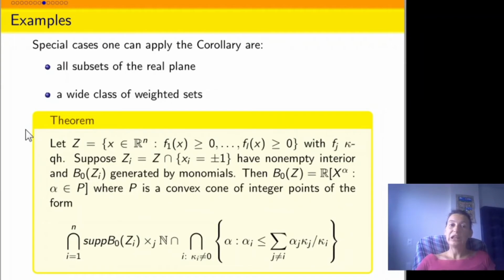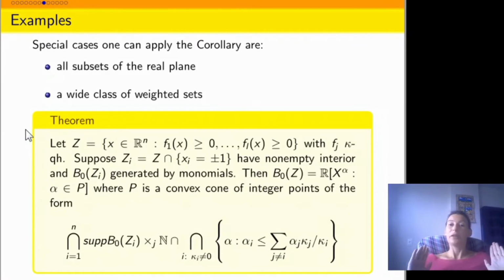As we can see, whenever we have a weighted set, it is going to be generated by monomials. Well, monomials with coefficients from the previous iteration. So in fact, this gives us an inductive process of finding the algebra of bounded polynomials.